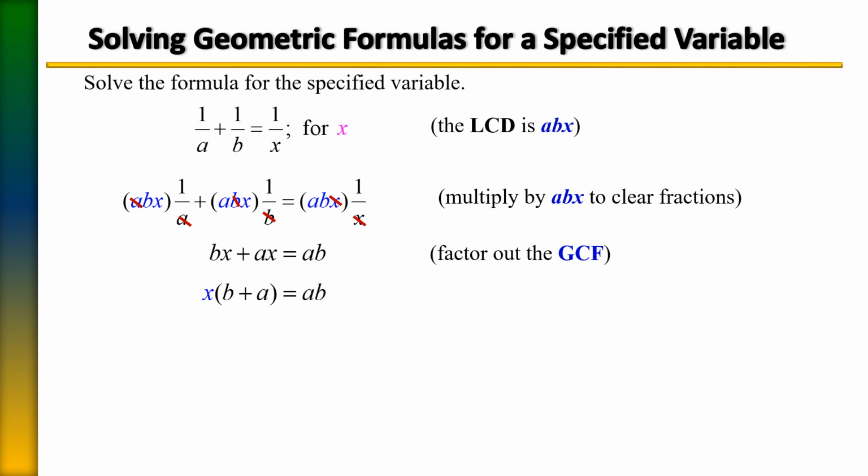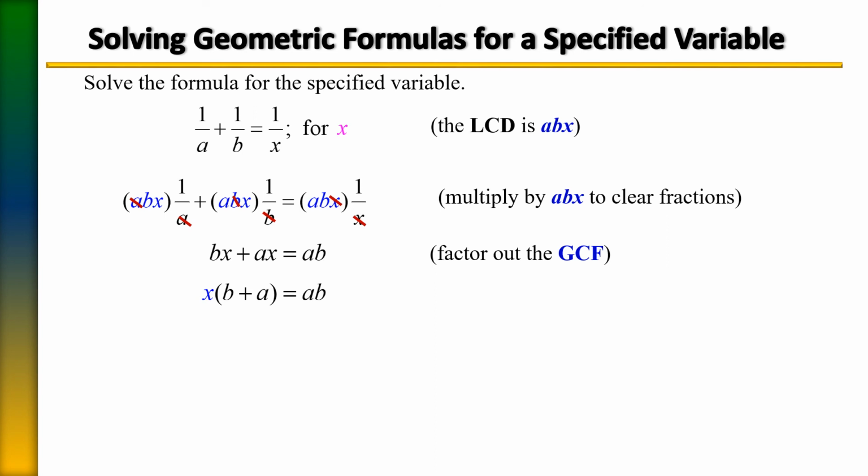And we divide by what we want to get rid of. What do we want to get rid of on the left? Yes, we want to get rid of the B plus A because our goal is to get X by itself. So I'm going to divide the left side by B plus A.